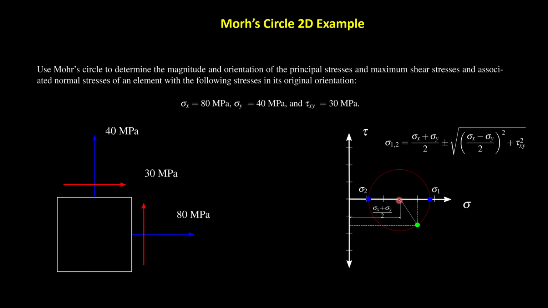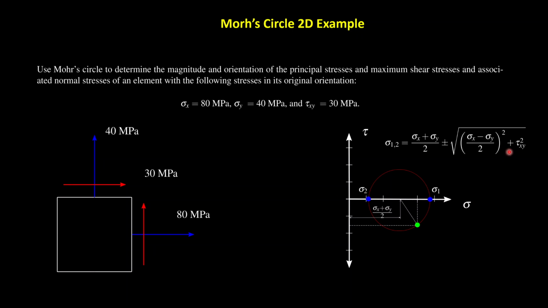And if I subtract the radius from the center of the circle, it's going to give me the second principal stress. It's pretty straightforward. And remember that we had to do a lot of mathematical derivations to get to this formula from the equilibrium of a planar element.